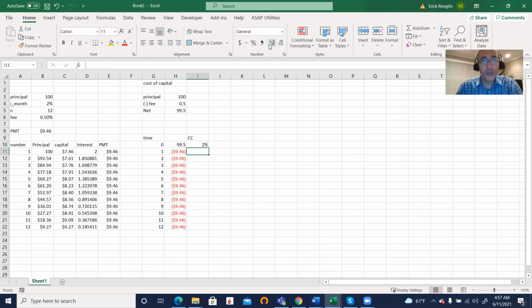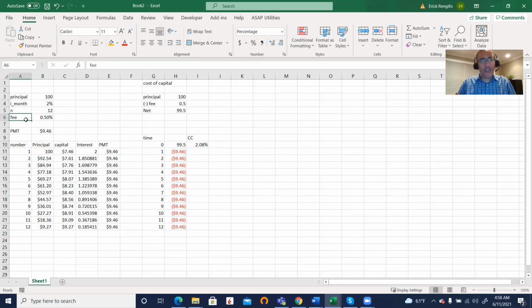So let's do it with more decimals. Instead of paying 2%, you're going to be paying per month the equivalent: 2% plus a fee of 0.5% is equivalent to a monthly fee of 2.08%. That's what is crucial.